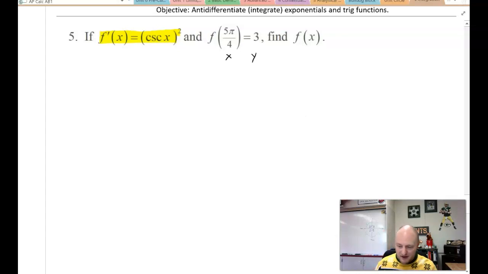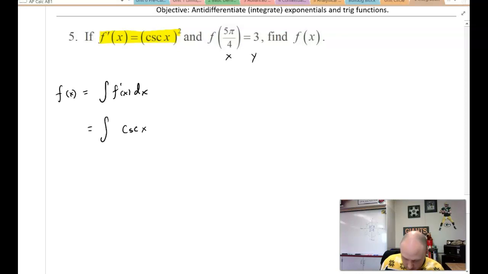Okay, well, if I want f of x, I'm going to have to integrate f prime of x, right? So f of x is equal to the integral of f prime of x dx. So this is the integral of cosecant squared x dx.